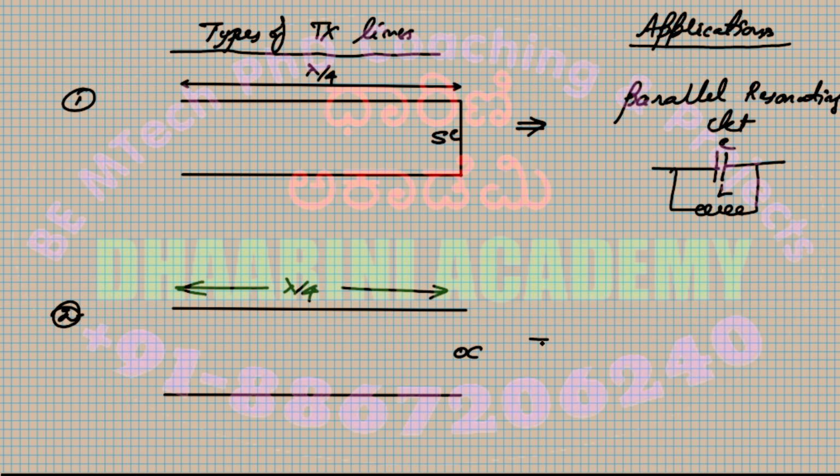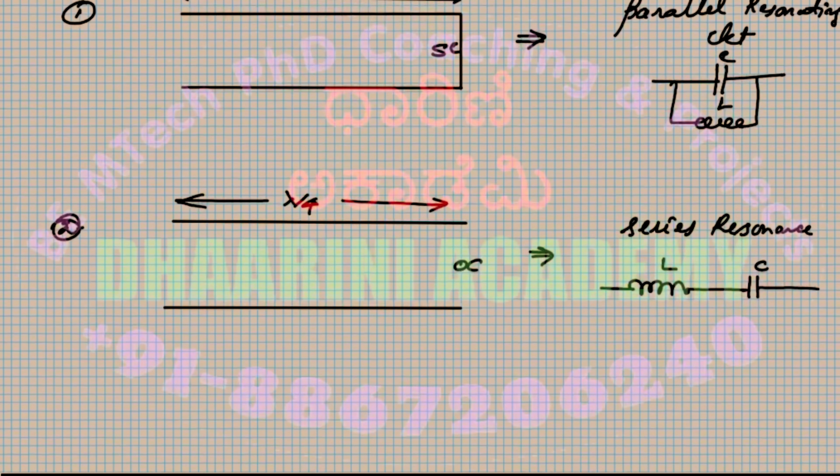The application is whenever you want to use it as a series resonance. When the length of the transmission line is lambda by 4 and it is terminated with the open circuit, this will be used as a series resonance, right? Series resonance means one inductor in series with the capacitor. This is the practical circuit, LC. So that's the application.